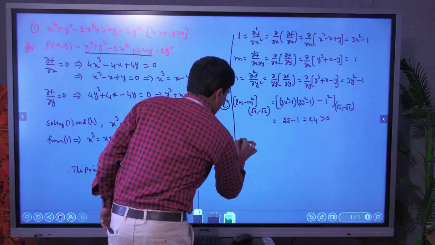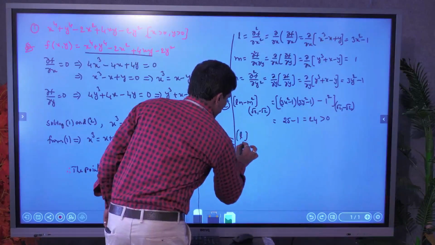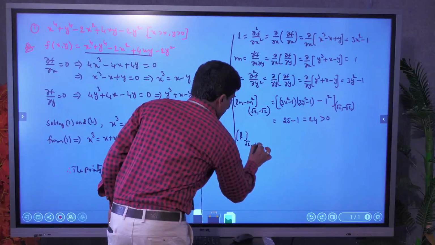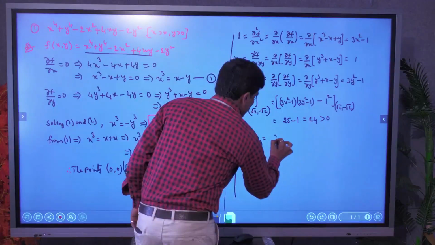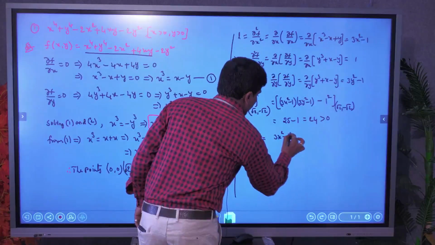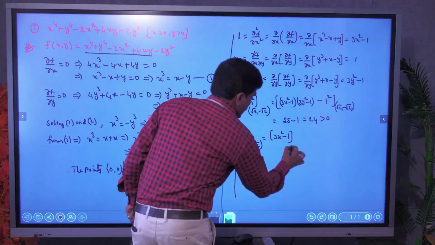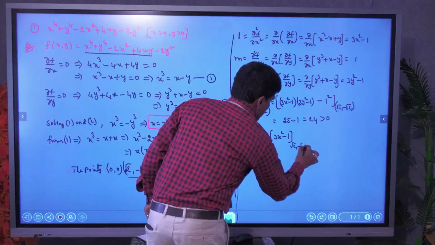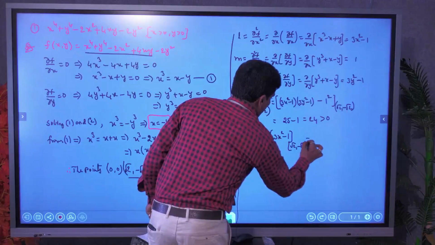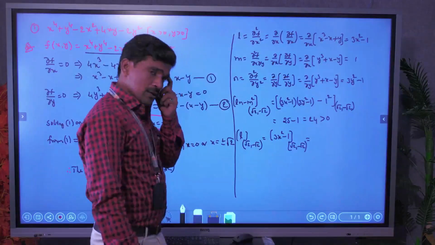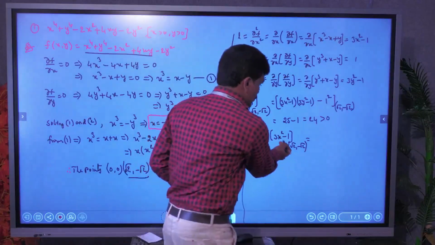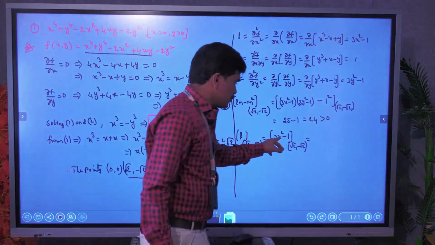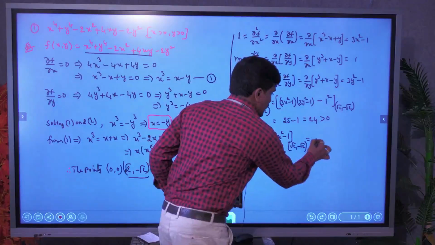So now write L at the same point, root 2 comma minus root 2. So what is L? Here 3x square minus 1 at root 2, minus root 2. Substitute in place of x root 2 and in place of y minus root 2. So we get root 2 whole square, 2 into 3, 6 minus 1, 5.